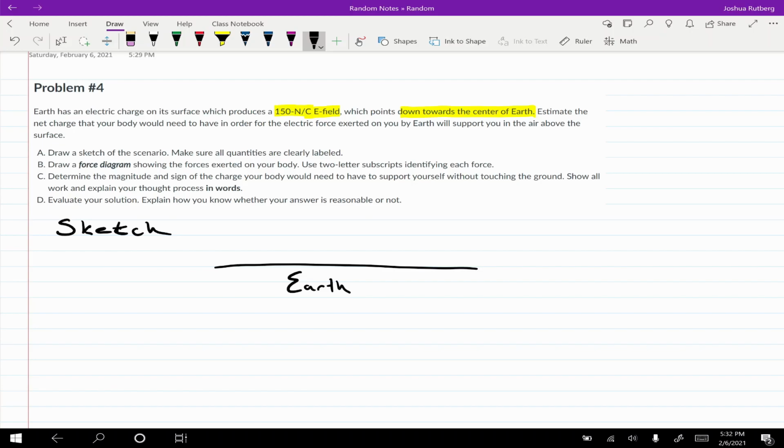And we are told that the Earth has an E field which points down towards its center. And E is going to be equal to 150 newtons per coulomb. And the question is, what does the charge on a person have to be so that the person can levitate?